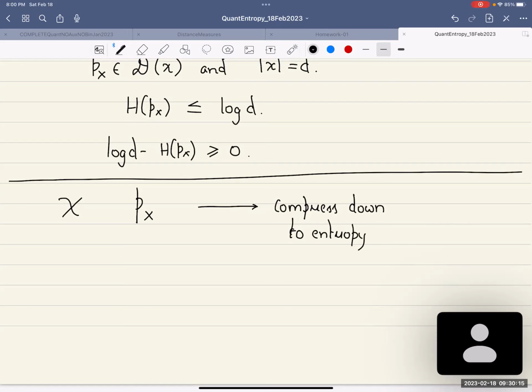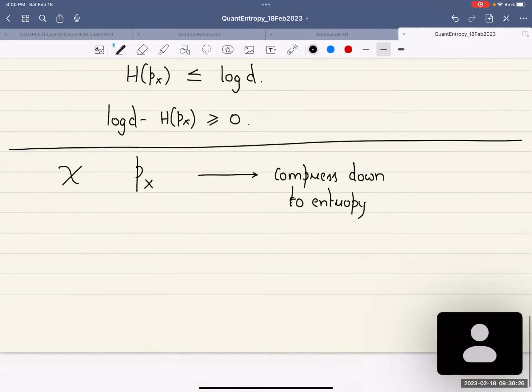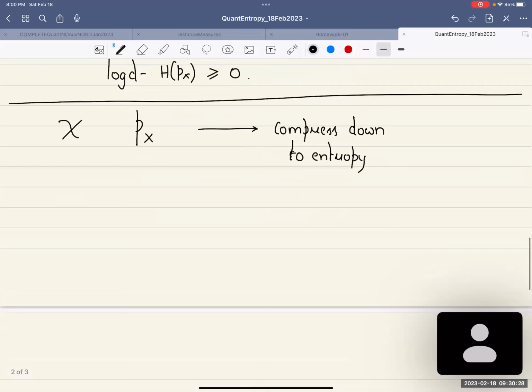Then you have to do a lot of indexing, and the receiver has to do a re-indexing. Can I do it symbol by symbol? Clearly, suppose P_X is not uniform, then you cannot assign a constant number of bits.